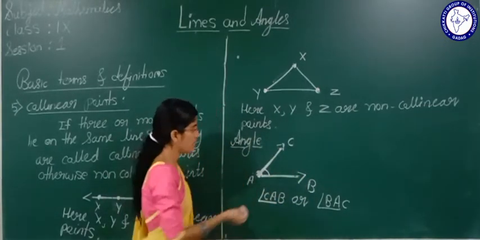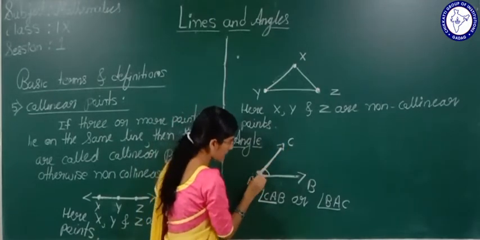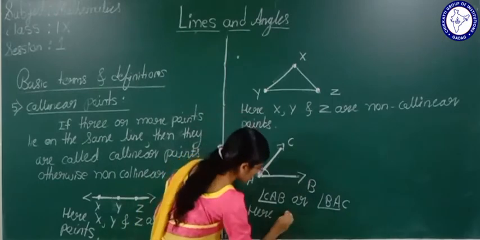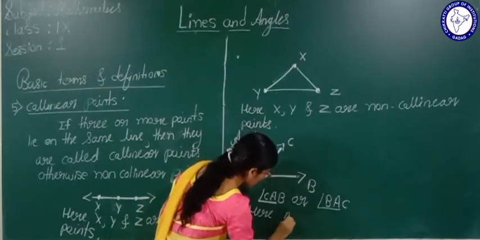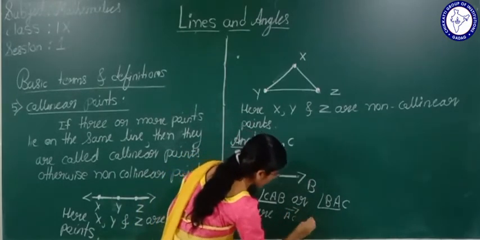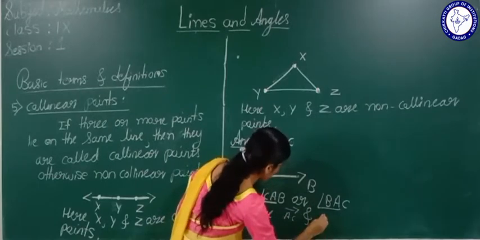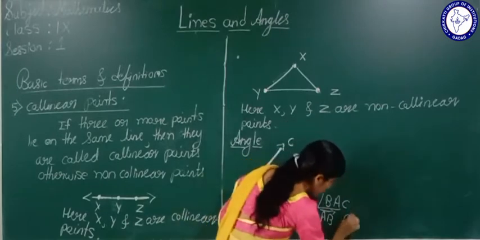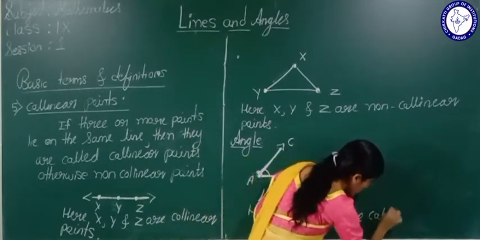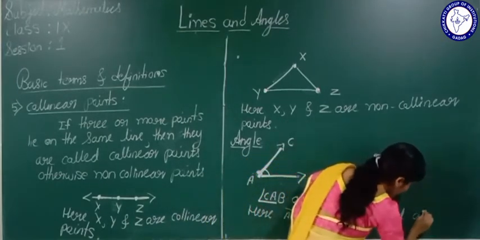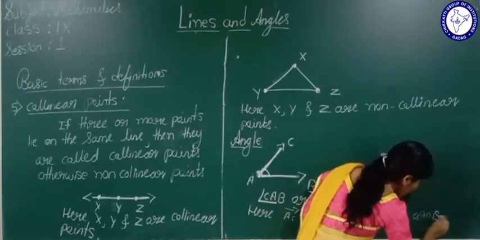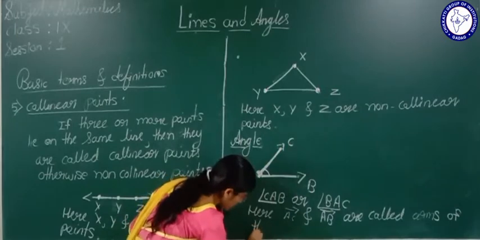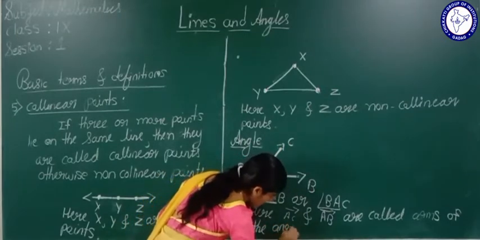Now see here, AC and AB. Ray AC and ray AB are called arms of the angle.